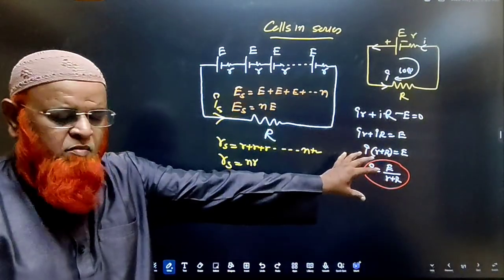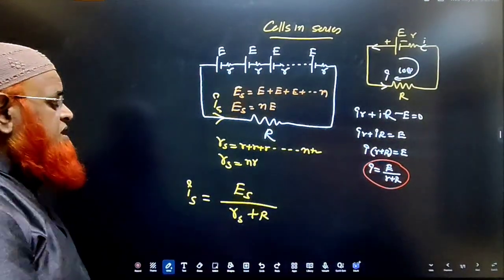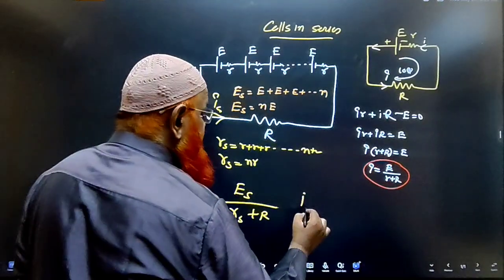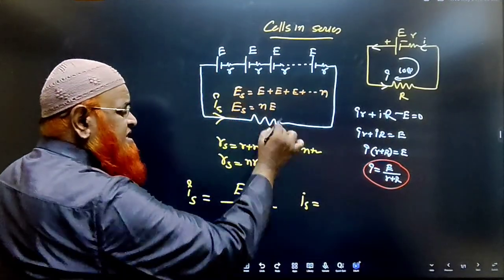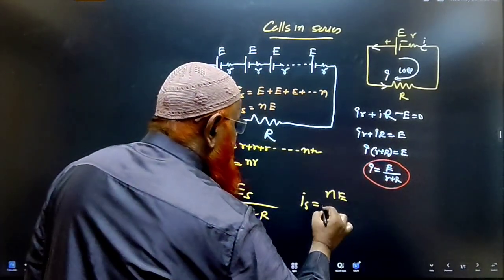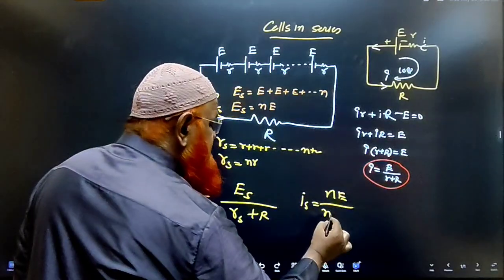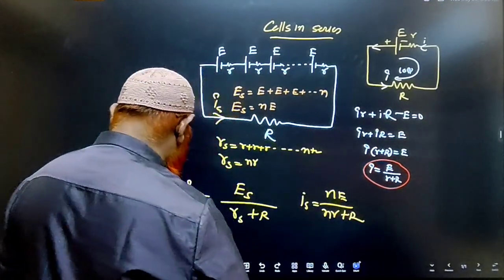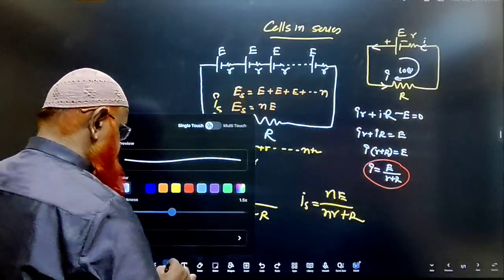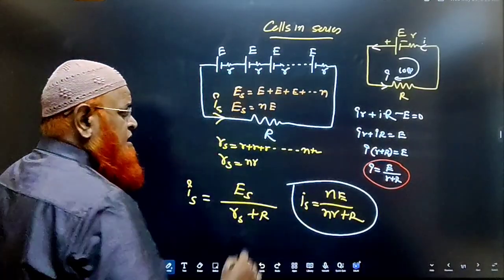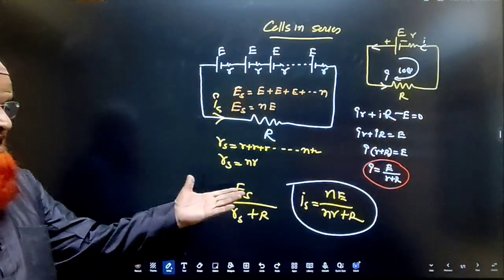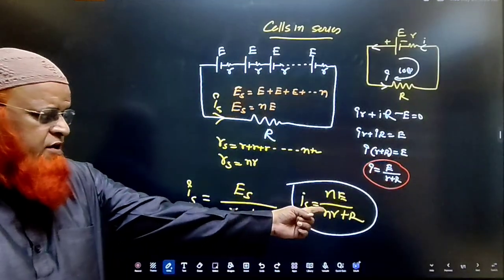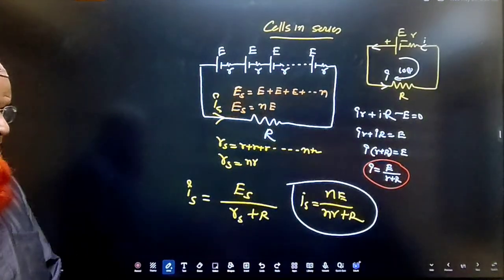The same basic formula should be considered here. So I in series is nE, because E in series is nE, and r in series is n into small r, plus capital R. So your answer is ready. The current in the series connection is nE by n r plus capital R.